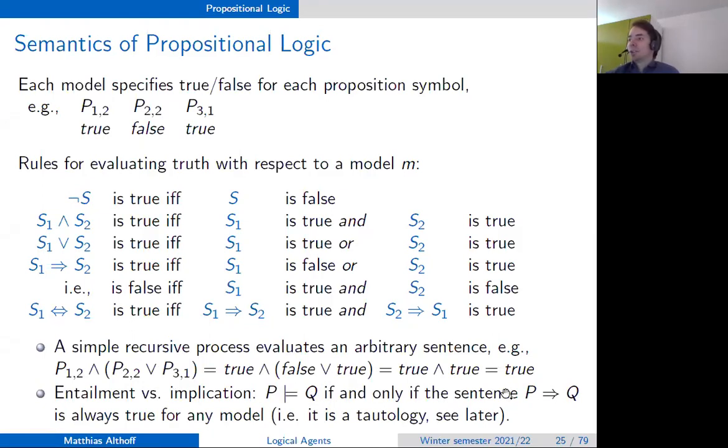So only if the implication is a tautology do we have an entailment, and otherwise we have an implication, because an implication, depending on the values of P and Q, can be true or false. That's the difference between entailment and implication.